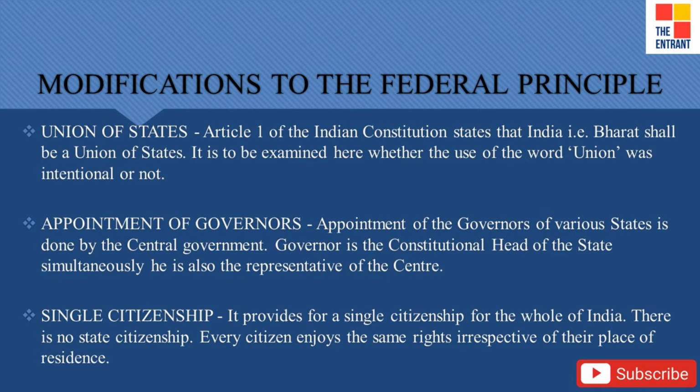The president, under Article 200, 201, and 288, subclause 2 of the Constitution, has the power to veto those state laws. Third, single citizenship. In India, there is only single citizenship. There is no state citizenship. Irrespective of the place of residence, all citizens enjoy the same rights.